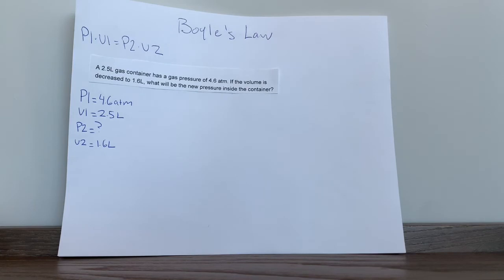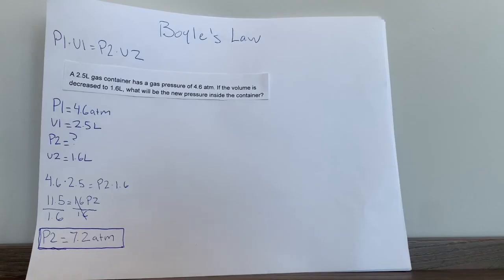Now that we have all the numbers in place, we can plug them into the equation. So for P1, we have 4.6 atm, V1, we have 2.5 liters, P2, we're not sure yet, and V2, we have 1.6 liters. So first we have 4.6 as P1 times 2.5 V1 equals P2 times 1.6, which is V2.